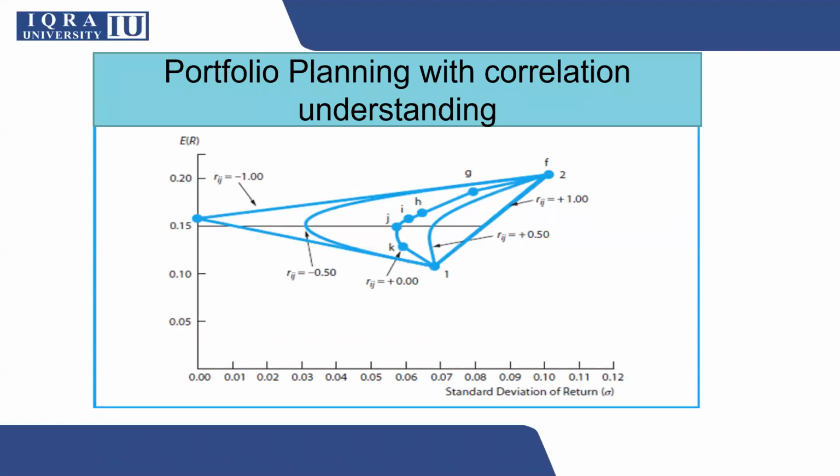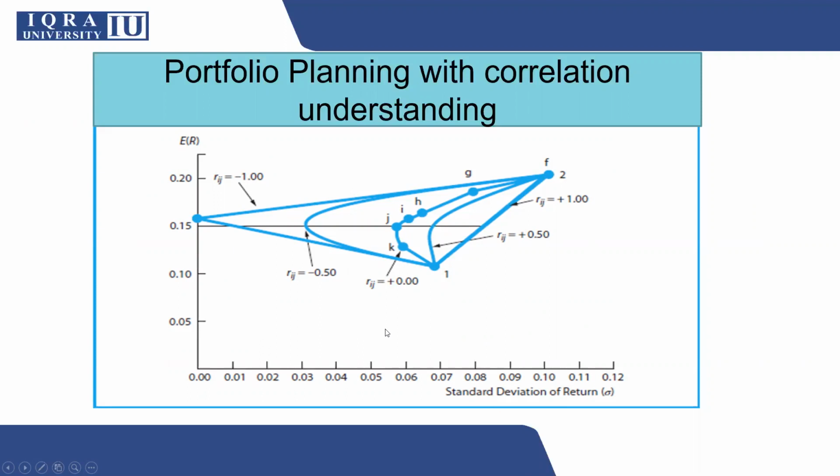This is a graphical presentation of how correlation works. If you have a correlation of +1, your security return might be over here, and you can see that the standard deviation you are facing will be around 0.06, and return will be below 0.15.